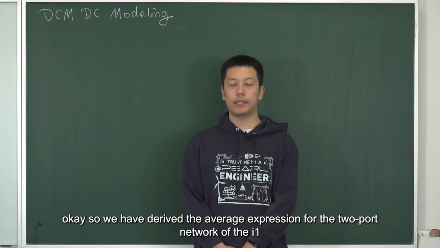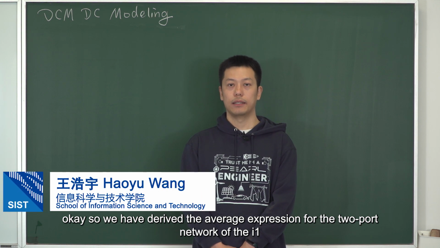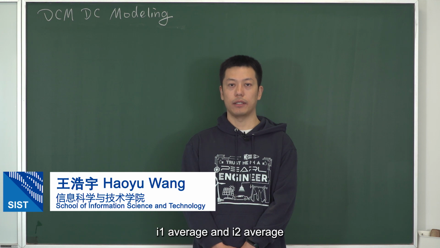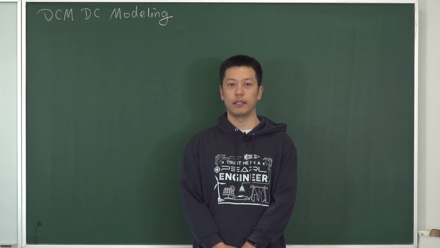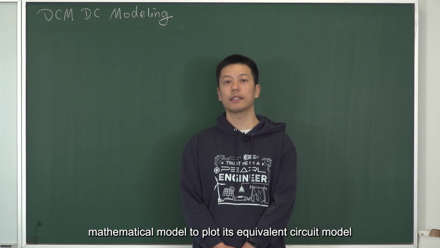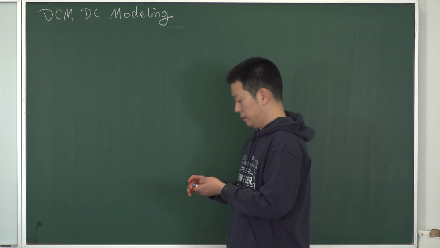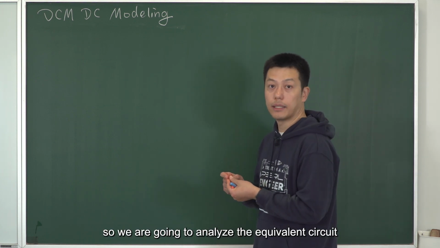Okay, so we have derived the average expression for the two-port network of the I1 average and I2 average. And in this section, we are going to utilize the mathematical model to plot its equivalent circuit model. So we are going to analyze the equivalent circuit.